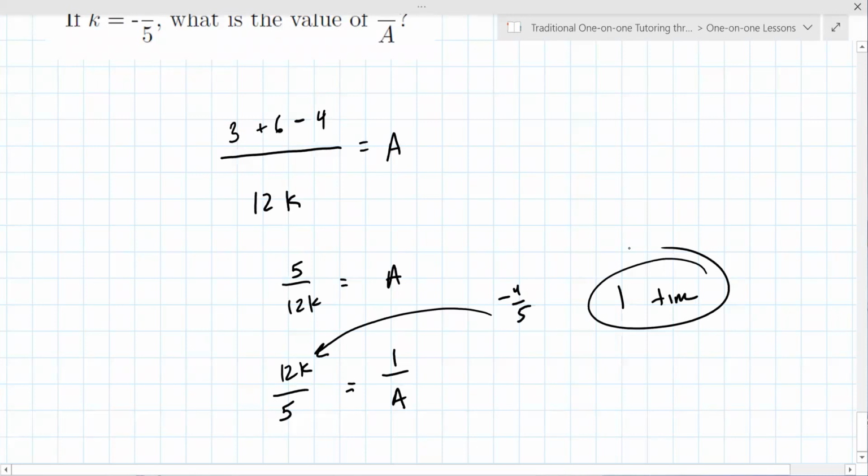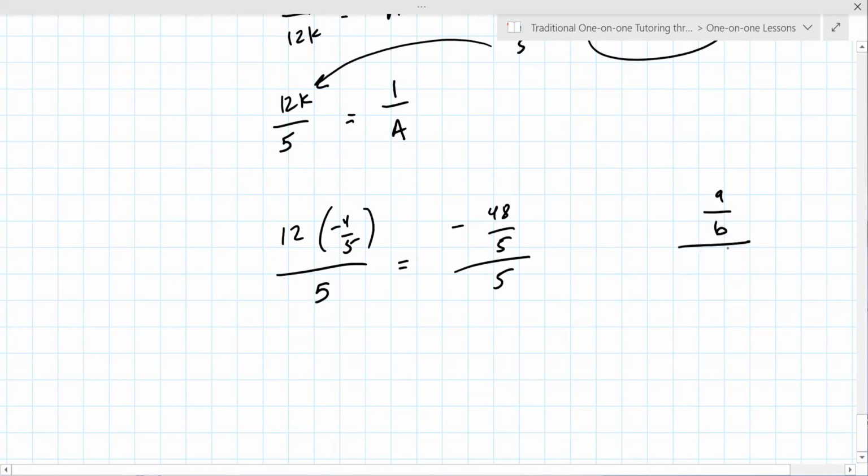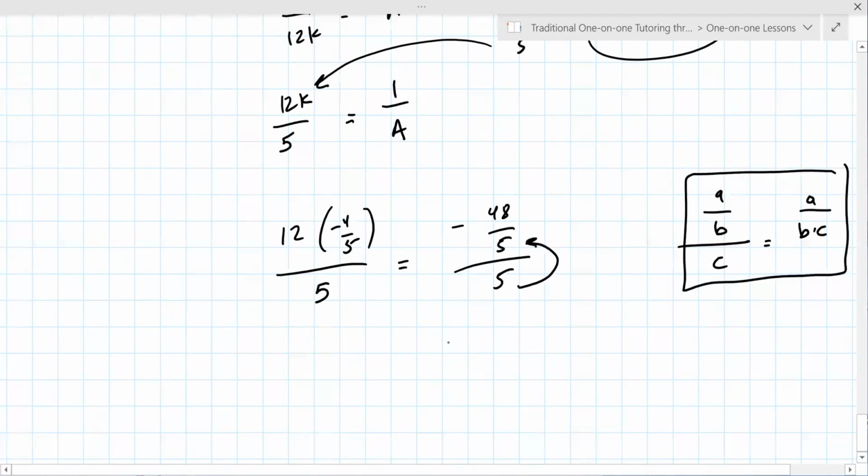So the summary is you get the same answer. You get 12 times minus 4/5 over 5. You get negative 48 over 5 over 5. So the other rule is if you have an A over B over C, it becomes A over B times C. Basically, this number on the bottom comes up here, and you get negative 48 over 25.